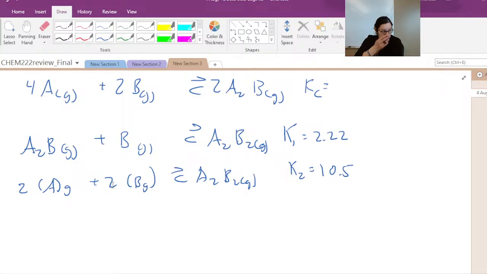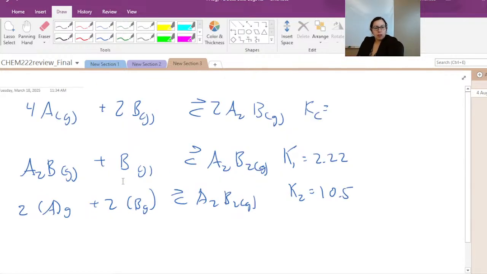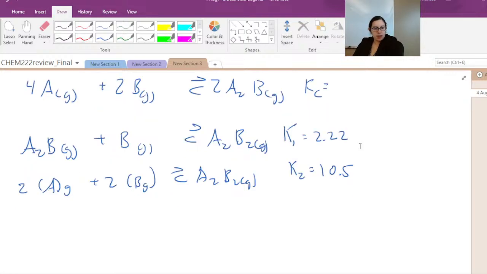So do you know which one you want to flip? I went with the second equation. It probably would have been better to do the first one. Because it gives you the, or no, actually, no, the first one. So flip the first one, okay.